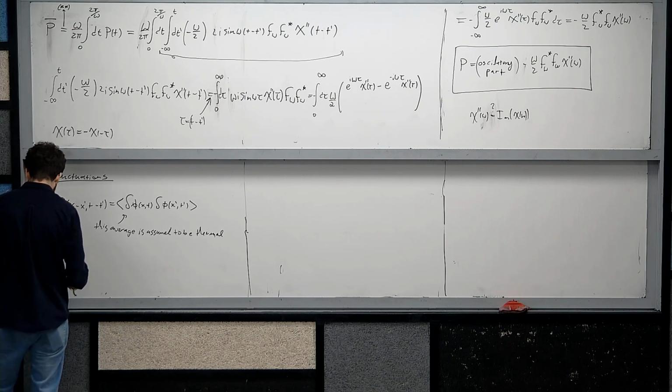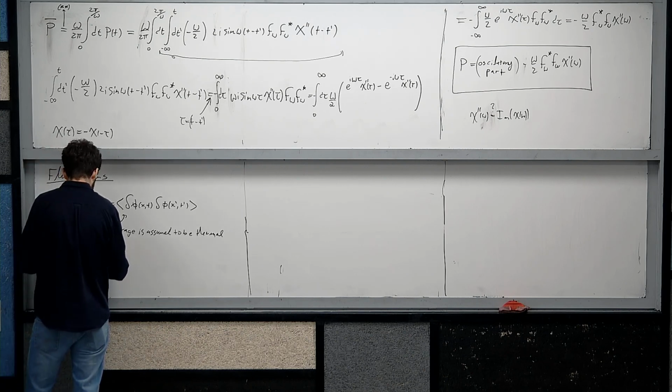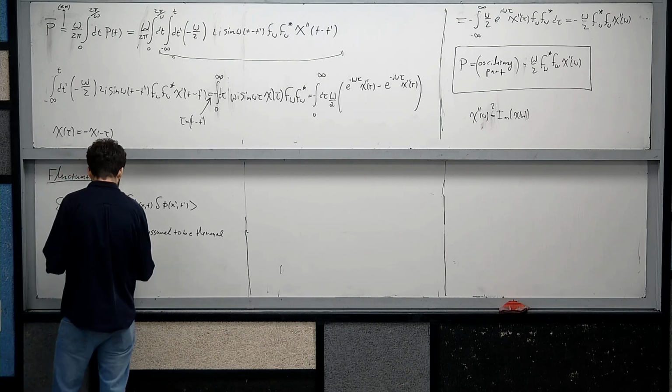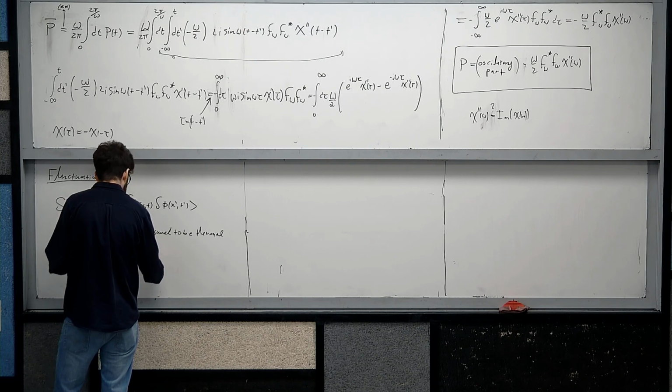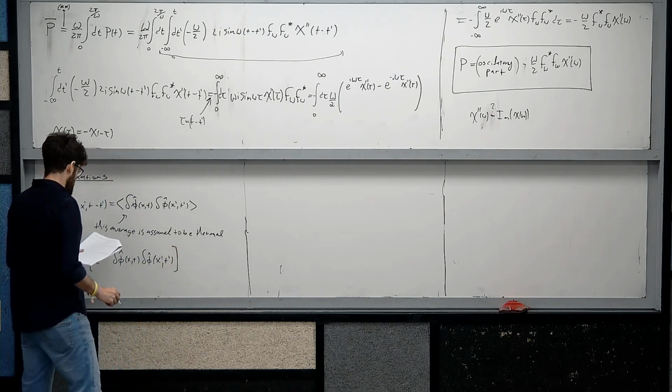So what we get is 1 over z trace of e to the minus beta h delta phi of x and t delta phi of x prime and t prime.